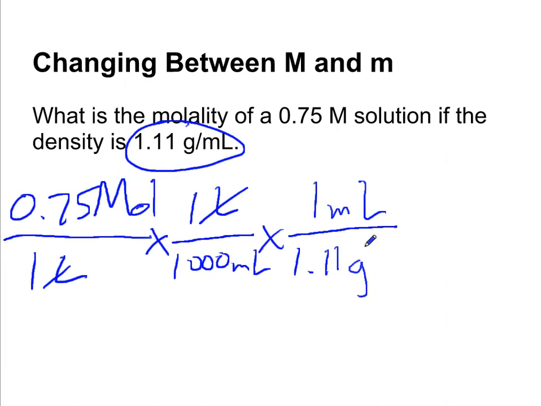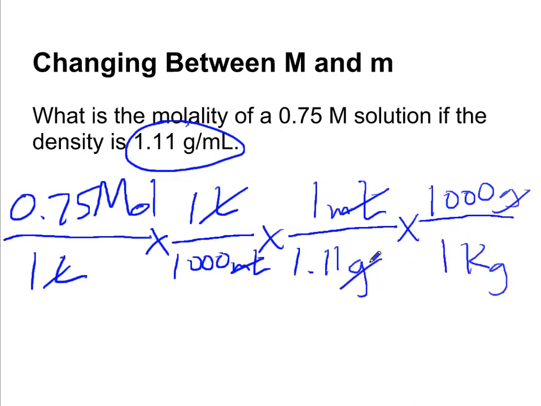Now, molality is moles per kilogram, so we can't stop there. We've got to convert grams into kilograms. So 1,000 grams per 1 kilogram. By doing that, we've gone from moles per liter to having our final units be moles per kilogram, which is molality.